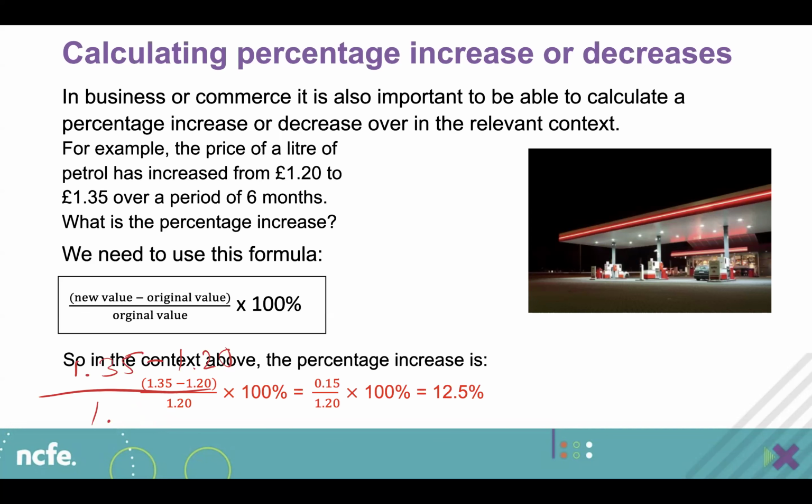So in the context above, that would be 0.15 divided by 1.20 times 100, which equals 12.5%.